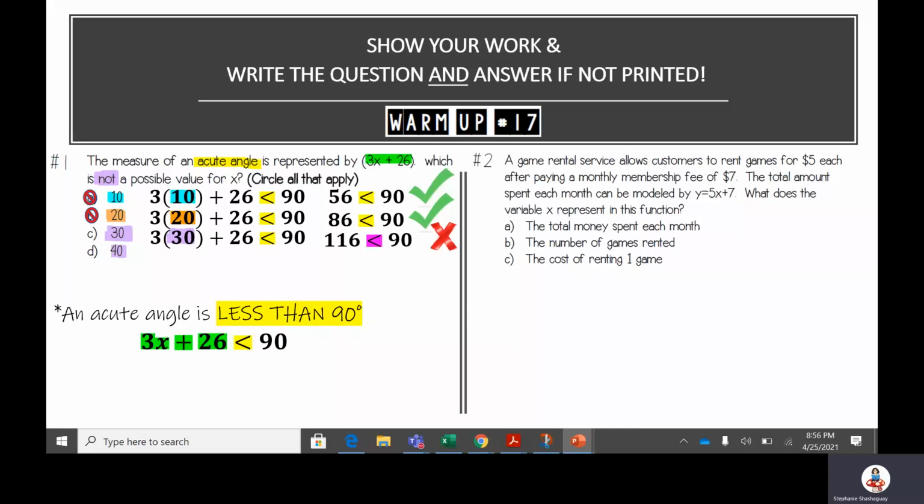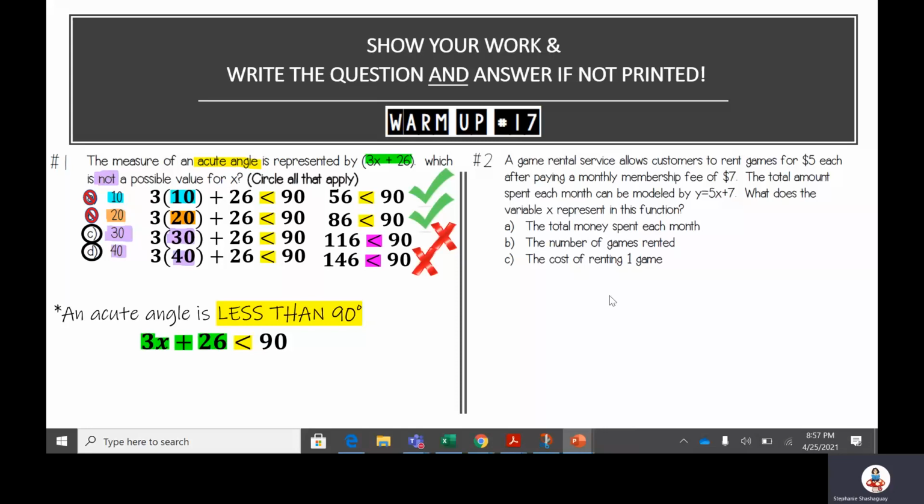Then we're going to plug in 40, and 3 times 40 is 120, plus 26 is 146, and 146 is also not less than 90, so we can cross that out. So that means our answer here is C and D because 30 and 40 are not possible values for x if we have an acute angle.